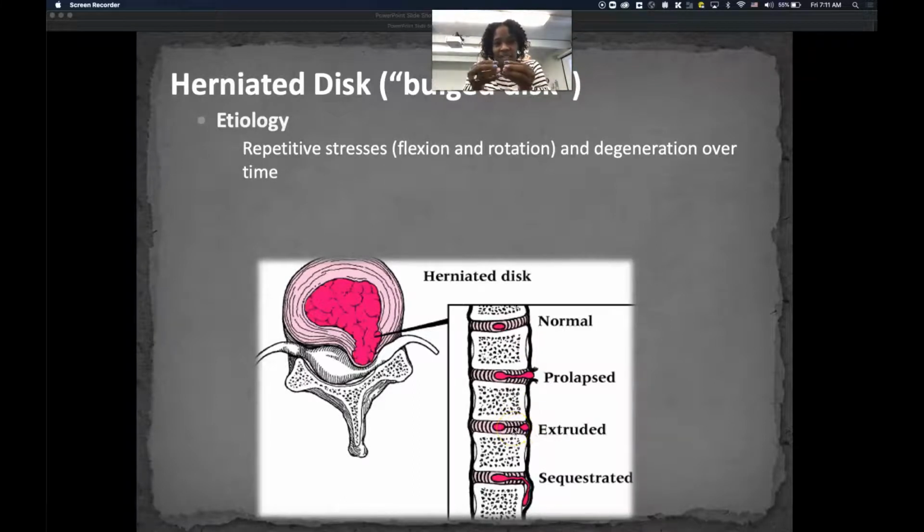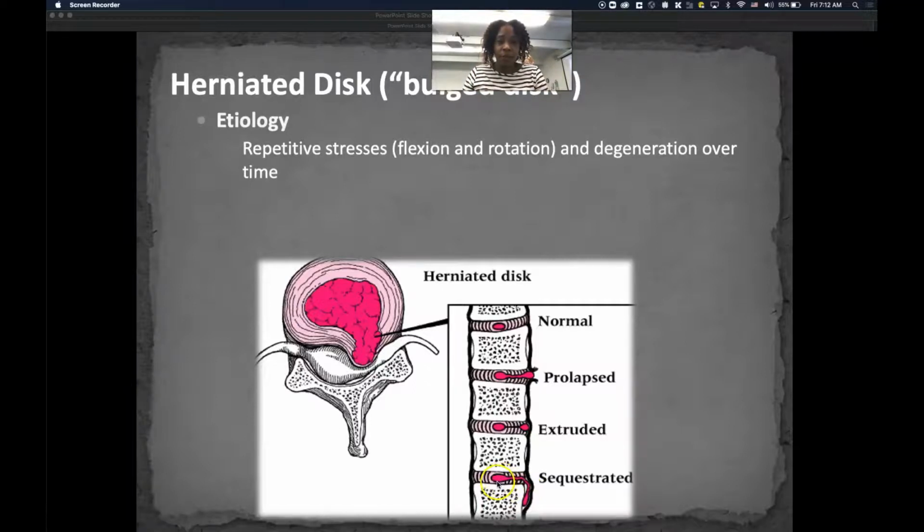So what that means is you have some part of the fluid that either gets trapped in the annulus fibrosis or stays out there and applies pressure to the cord, but then comes back and centralizes itself. That patient's still going to be symptomatic, right, guys? Because that fluid is compressing that spinal cord. Even if it's for a moment of time, it's still enough to elicit some sort of sign and symptom. And then the one that you're really concerned about is what's called a sequestered herniated disc.